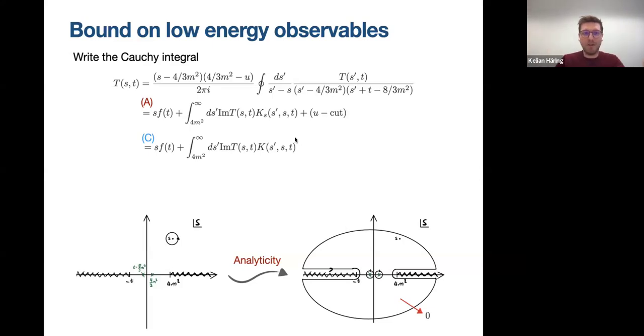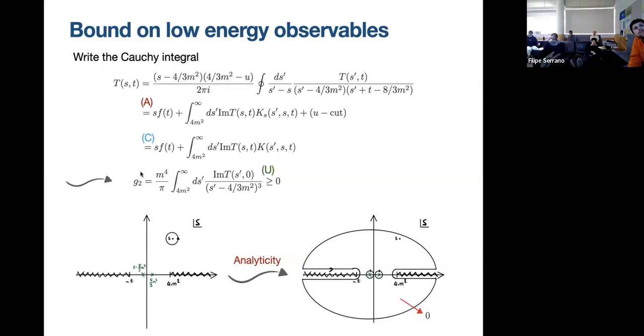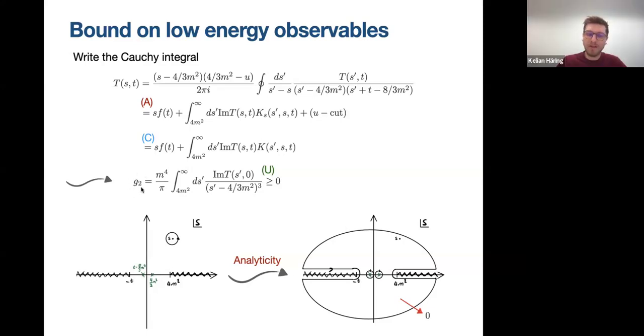And finally, now we have an integral representation of the amplitude in terms of its imaginary part times the kernel. And now if I expand both sides at small s and t at the crossing symmetric point, I can straightforwardly get that G2, this coefficient G2 that we have in front of this S bar square plus T bar square plus U bar square, is given by this integral.